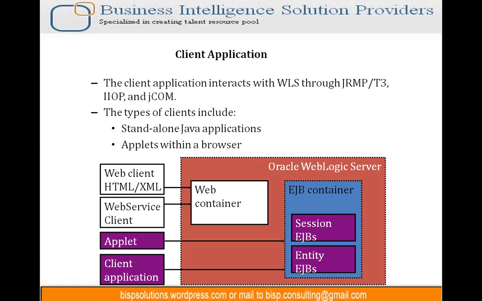These are the different protocols supported based on the Java standards. T3 is an internal protocol within WebLogic. And the types of client modules are standalone Java applications and applets within a browser.